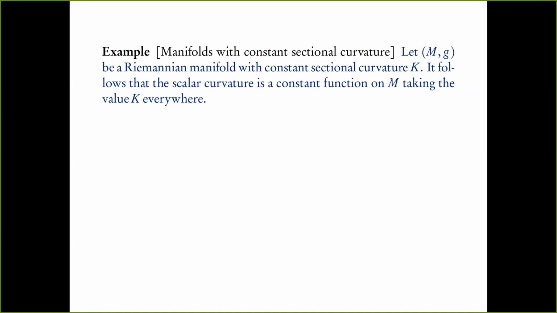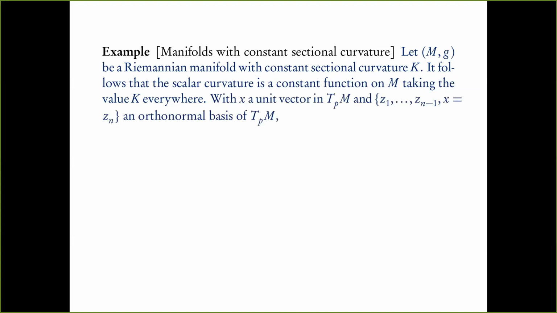So that's why the scalar curvature is a constant function. The scalar curvature is the same for all points, and it's the same value K. Okay, this is essentially by the definition of scalar curvature. Okay, what about the Ricci curvature? Well, take a unit vector x, extend it to an orthonormal basis z_1, z_2, ..., z_{n-1}, and x being the last vector, we call it z_n.